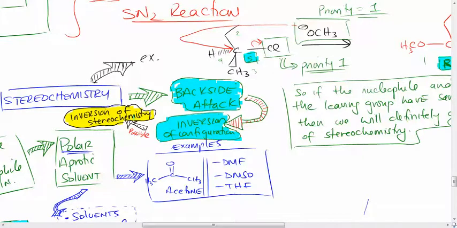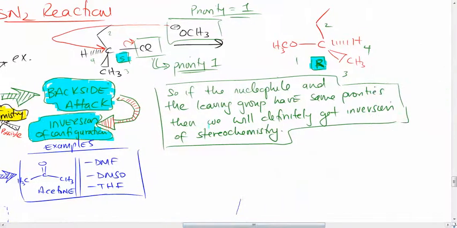If the nucleophile coming in and the leaving group have the same priority, then we will indeed get an inversion of stereochemistry.